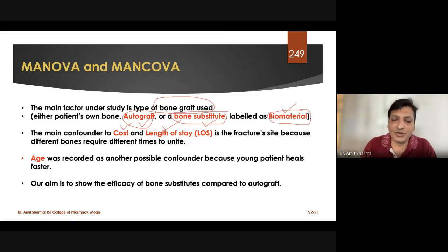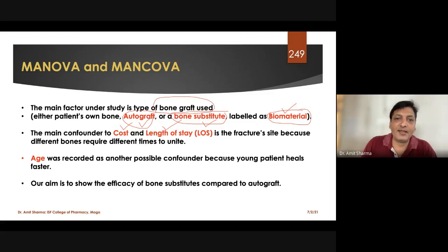By using any sort of biomaterial, the fracture is going to be healed with the help of surgery. So a group of doctors wants to find out which type of treatment, either autograft, bone substitute, or biomaterial, is more effective, by comparing the cost of the treatment and the length of stay in the hospital after the surgery.